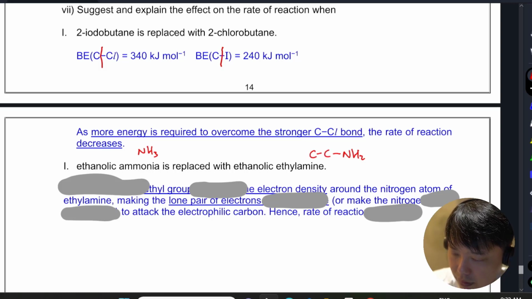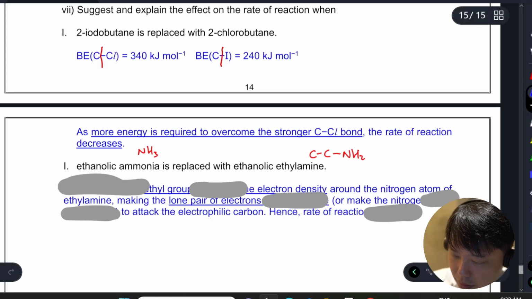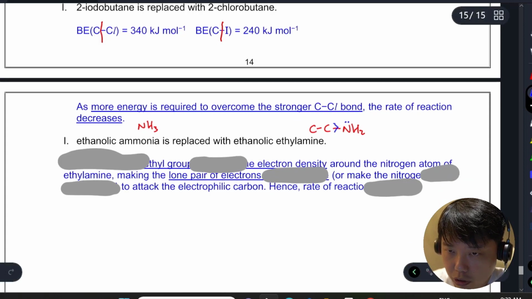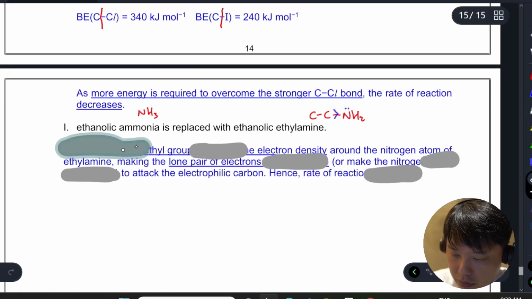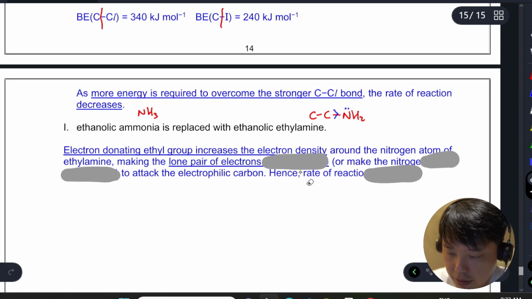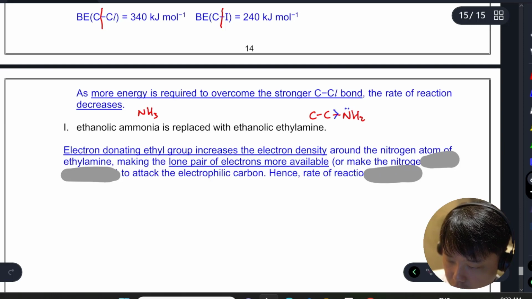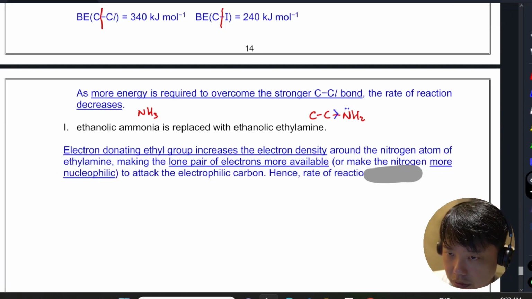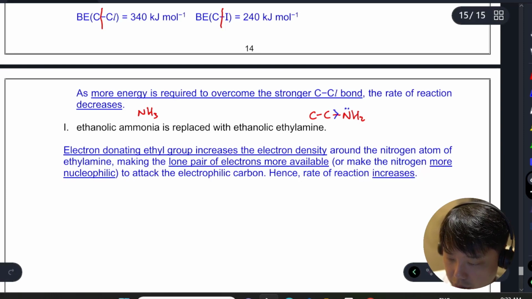This ethyl group is electron donating, which will make the lone pair more available and make this a stronger nucleophile. All right, so we've got to phrase it properly. It increases the electron density, making the lone pair more available, or makes it more nucleophilic. So the rate of reaction actually increases.